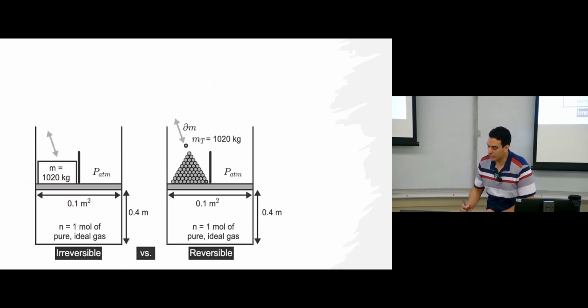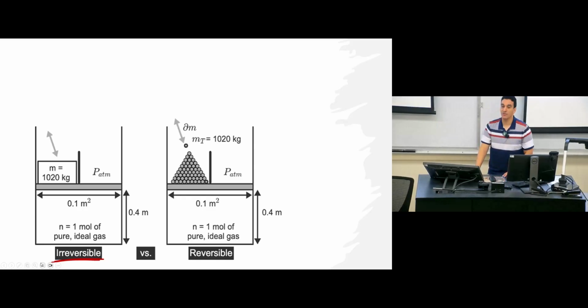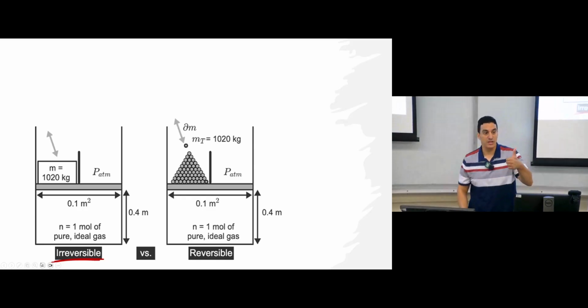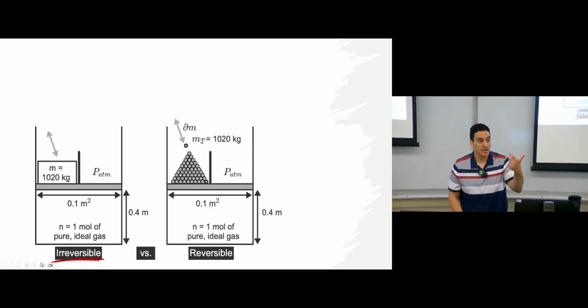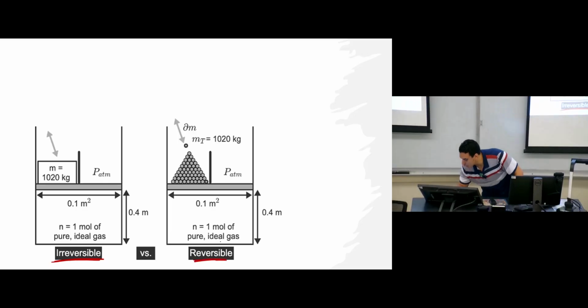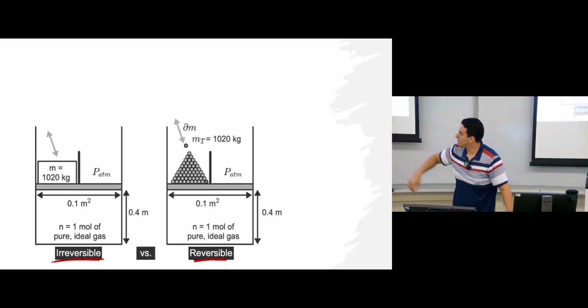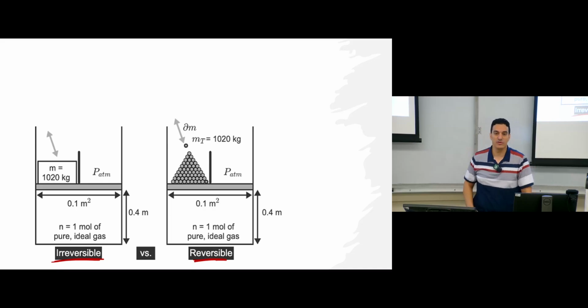So in summary, if we have a process happening in this way, this is an example of an irreversible process. The amount of work is not the maximum. The surrounding will be affected by the changes happening to the system, even if the system returned to the initial condition. But for this one, the way that we are performing this compression is an example of a reversible process.